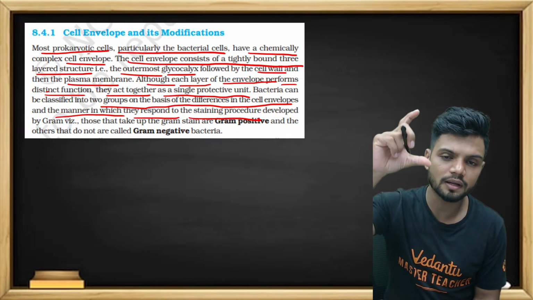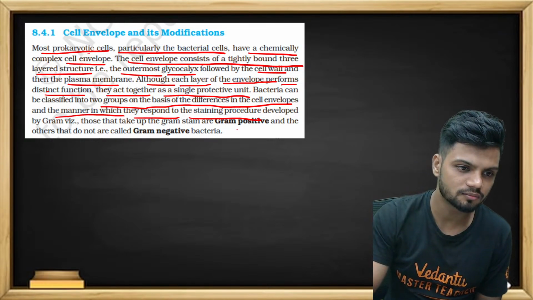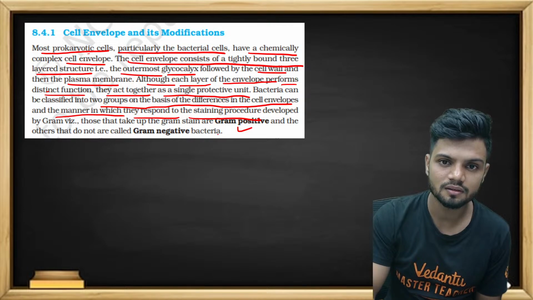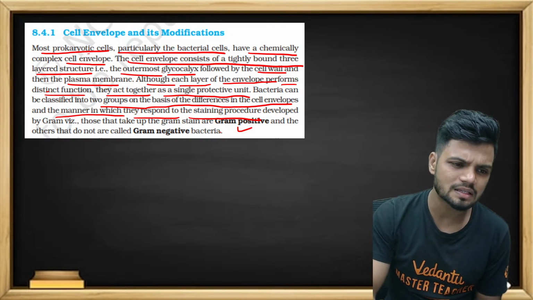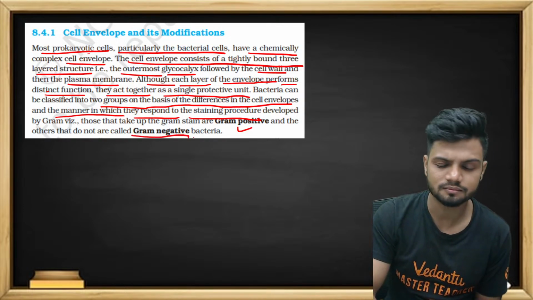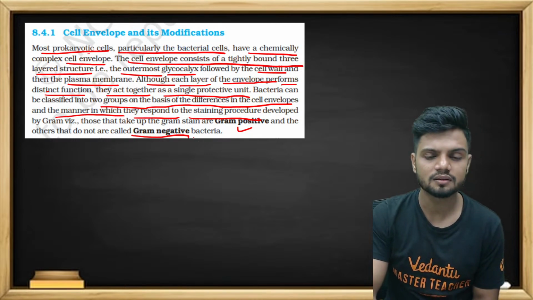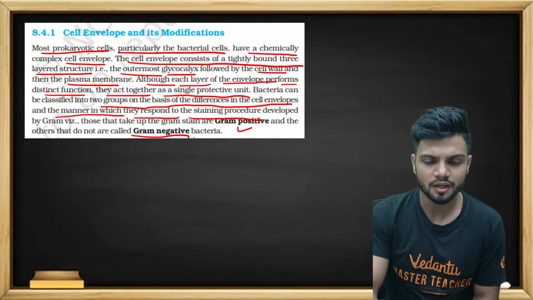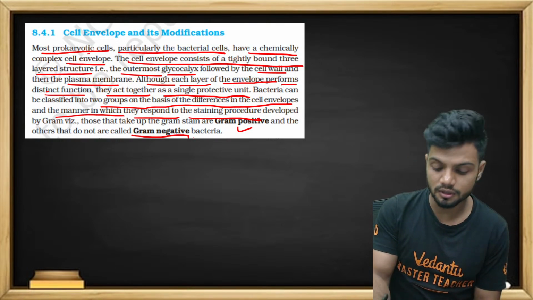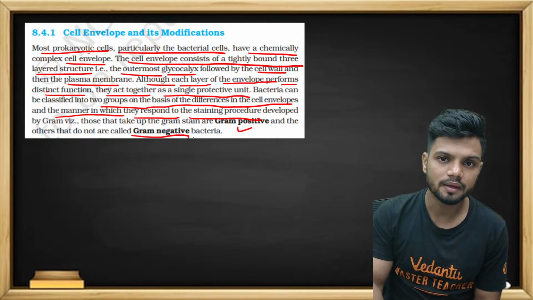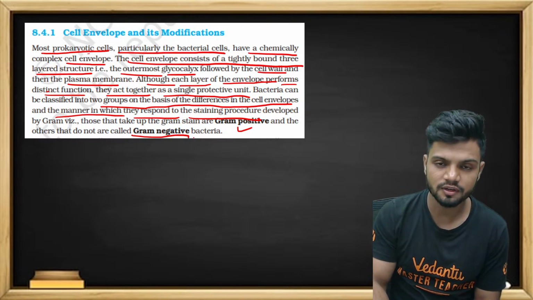If it has thick peptidoglycan, it is called gram positive, which can take up the stain. A thin peptidoglycan layer cannot take the stain, and that is called gram negative bacteria. This is the foundation of making the classification.